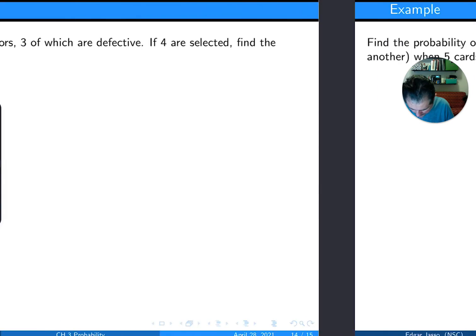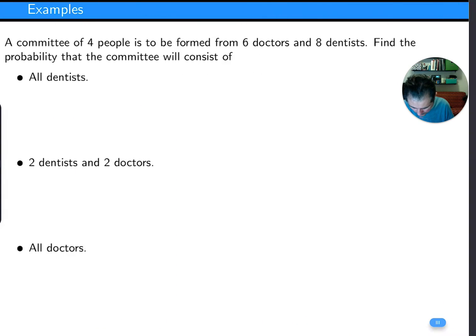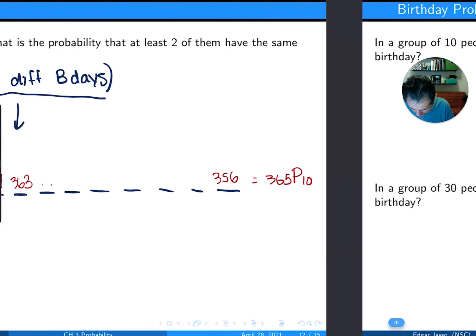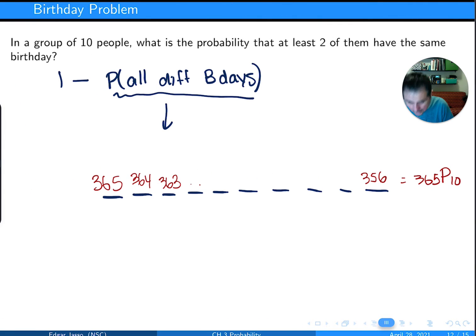So this is going to be the probability. Oops, sorry. Went too far. There you go. So I do 365 P10 divided by, now the denominator is going to be how many ways I can get 365 days regardless of whether they're repeating or not, right?